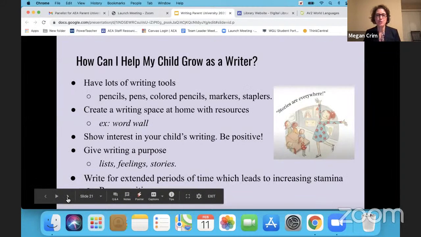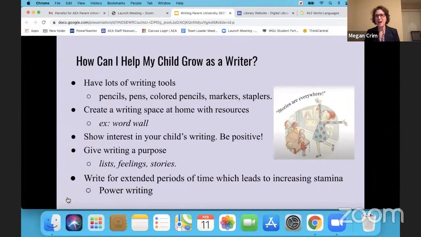Have lots of writing tools. In Zoom, we're kind of breaking our rules for pencils only, which as a teacher makes me cringe a little bit, but it's okay because you can't see the writing in the video in pencil. So I've let go a little bit, and it's actually been kind of nice because we talk about other ways to solve our problem if we make a mistake and we want to show our thinking.